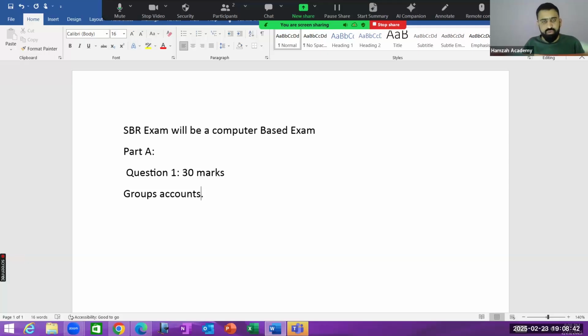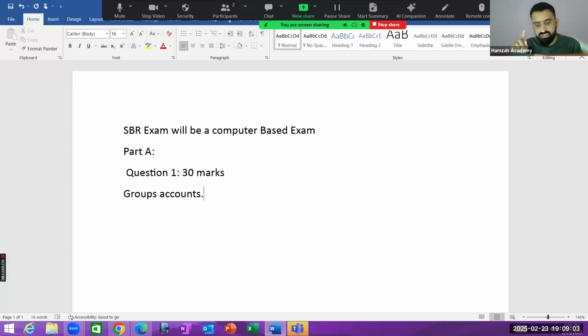where you will be tested with various concepts or techniques of group accounting relating to subsidiaries, step acquisition, disposal of the subsidiary, associates, goodwill, consolidated cash flow, consolidated foreign subsidiary. All these aspects would be tested in this question.